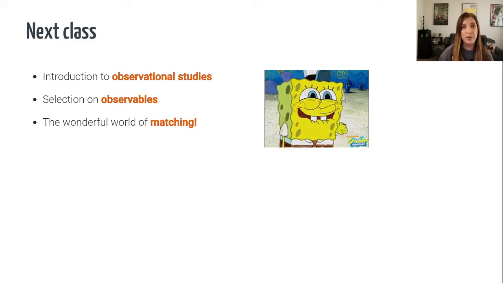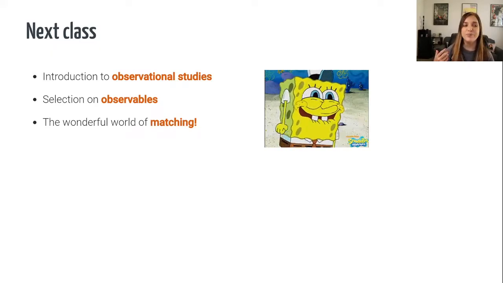We're going to be talking about selection on observables and how credible that assumption might be to a certain extent. And we're also going to be talking about the wonderful world of matching and everything that involves different ideas of matching. What does matching bias? What doesn't it bias? And basically when it's appropriate to use it and when it's not, and for what reasons.